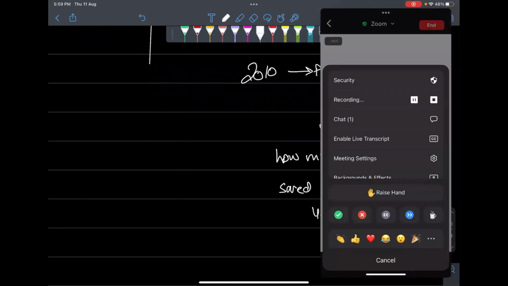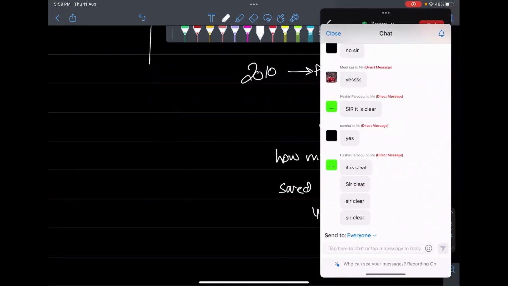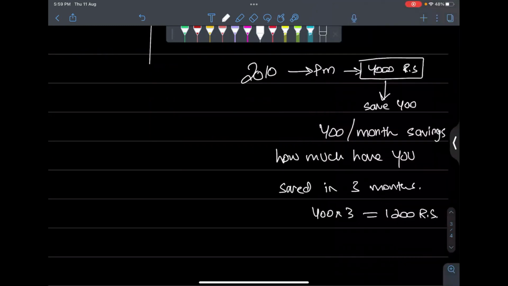Right? This is what gradient is. Gradient tells you how one thing will change if another changes. You were saving 400 in 1 month. Now you have 3 months. How will your saving change? Your saving will move on to 1200 rupees.